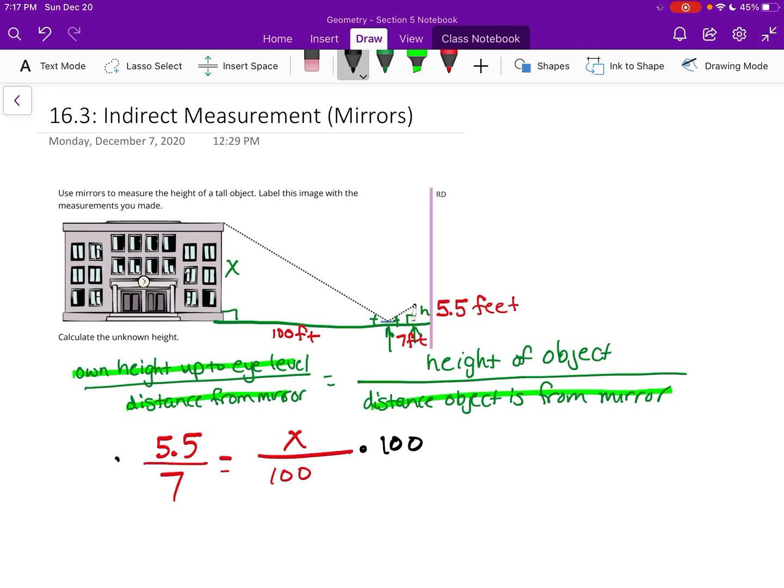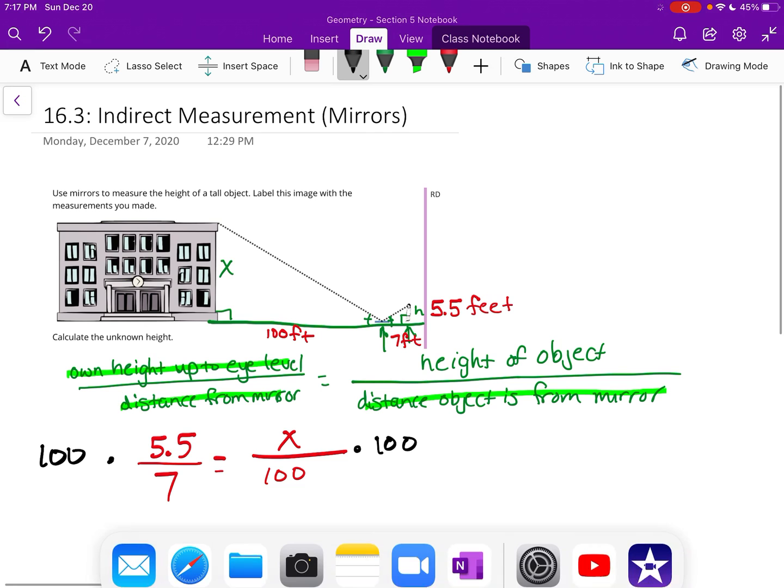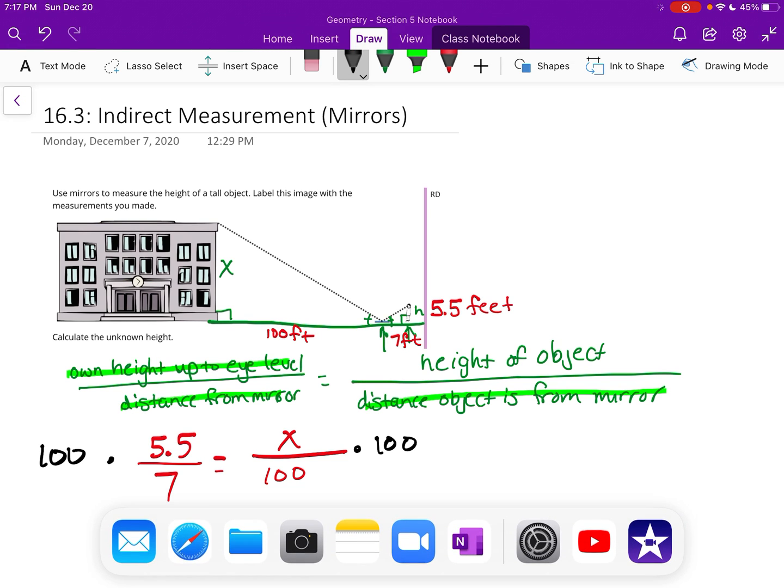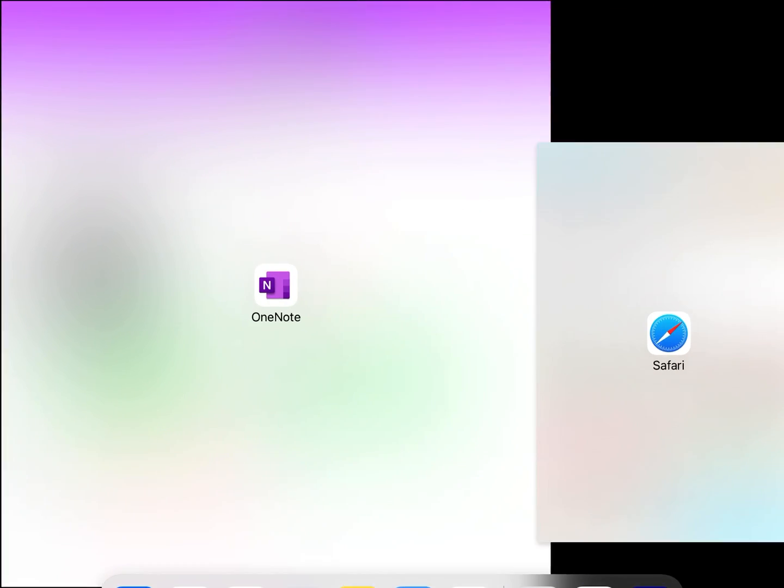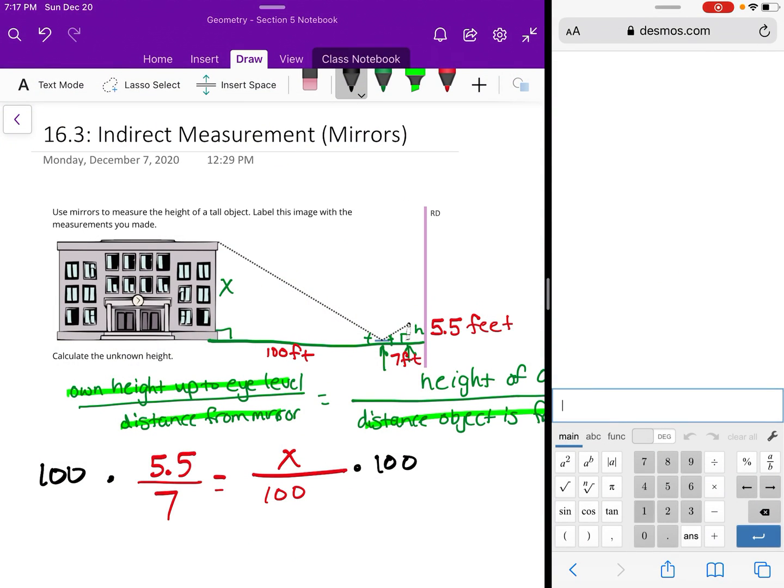So we're going to multiply both sides by 100. Okay. And then we're going to bring in our calculator. Okay. And so we're going to do 100 times 5.5, and I'll hit enter there.